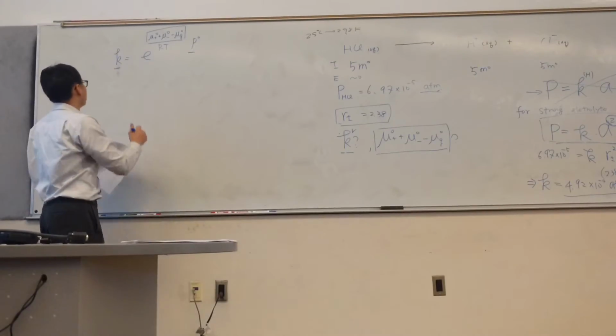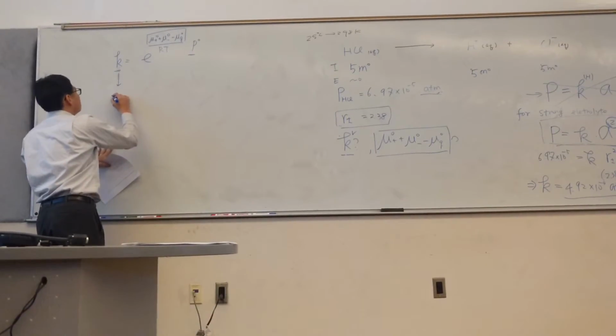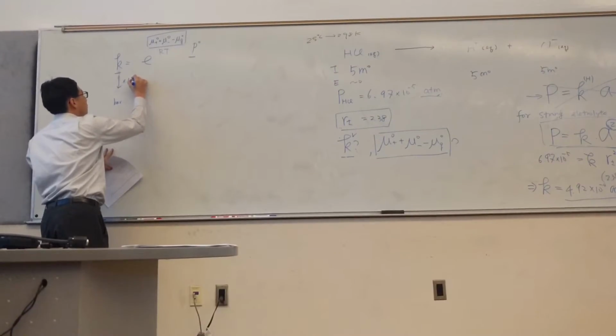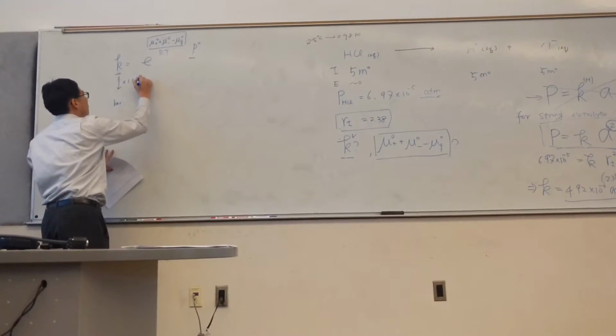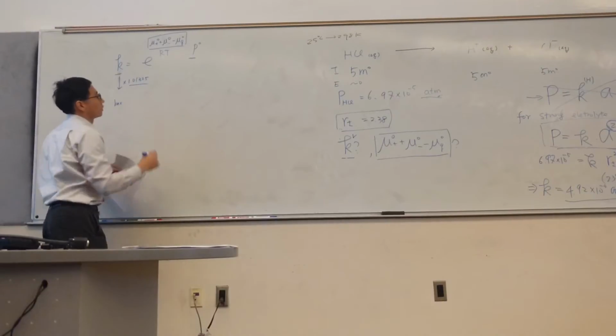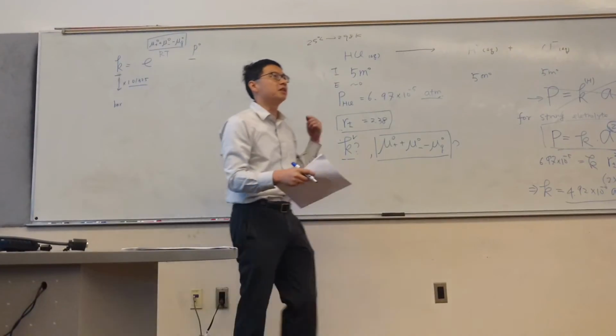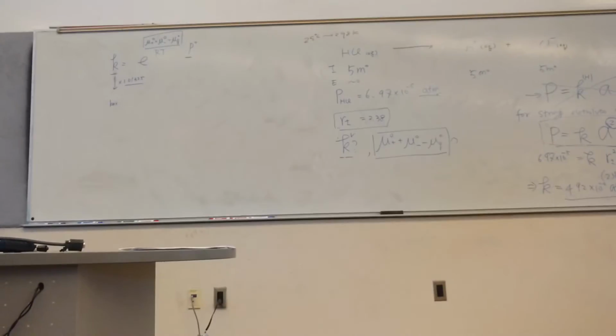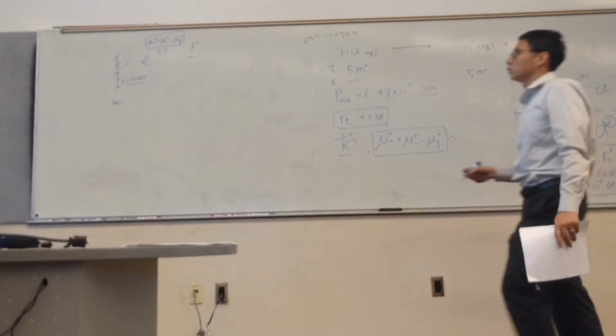So you convert this one to bar by multiplying 1.01325, because 1 ATM equals 1.01325 bar. Just make sure the unit is correct.